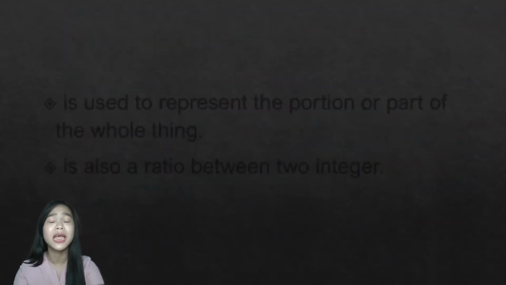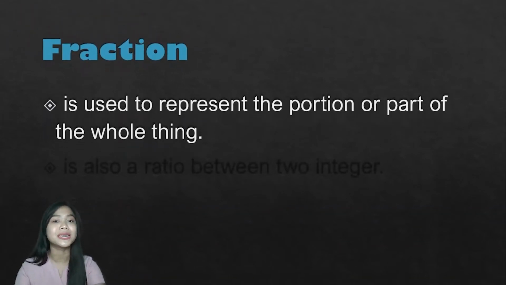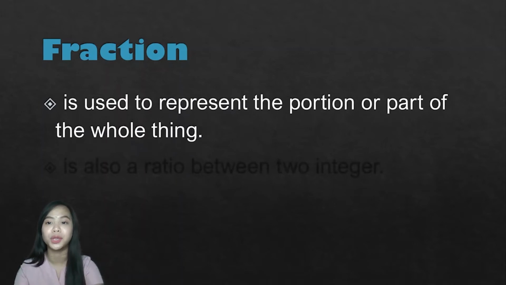So let's start by defining the fraction, the decimal, and the percent. First, let's have the fraction. It is used to represent a portion or part of the whole thing.